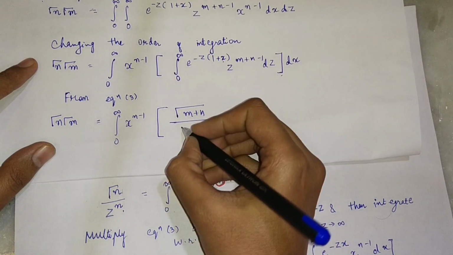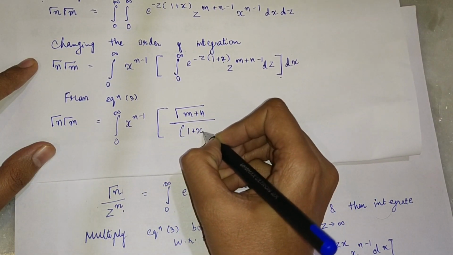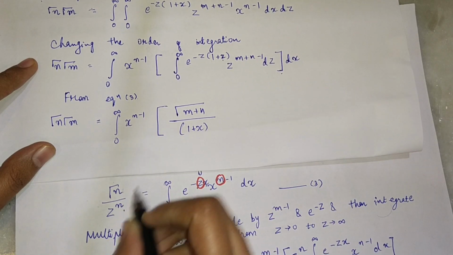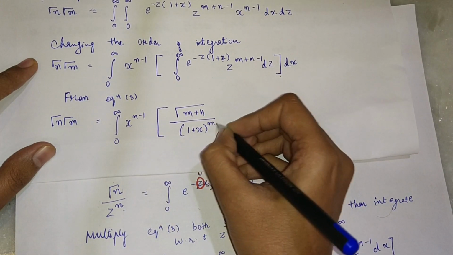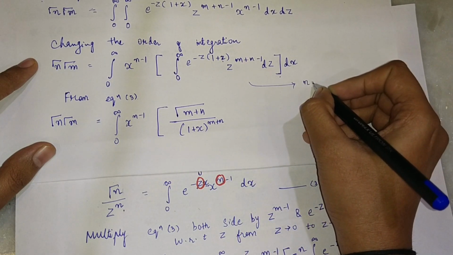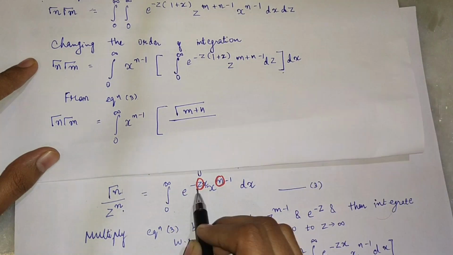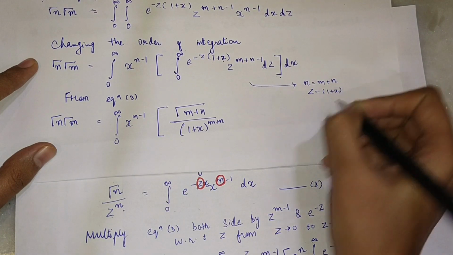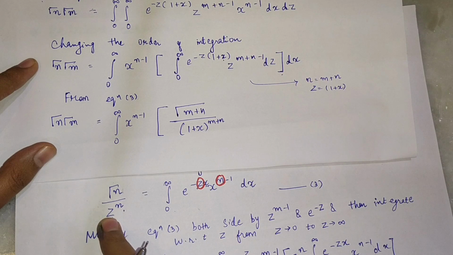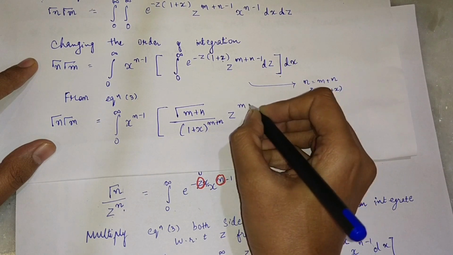Okay, so 1 plus x will be in the denominator part, and again raised to n. So what is our n? N is m plus n. So here we can write that our n is equal to m plus n, and the z is equivalent to 1 plus x. So we substituted in this equation 3. Okay, and this term will remain as it is.